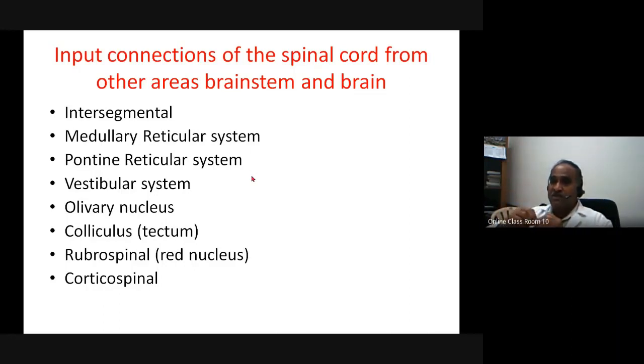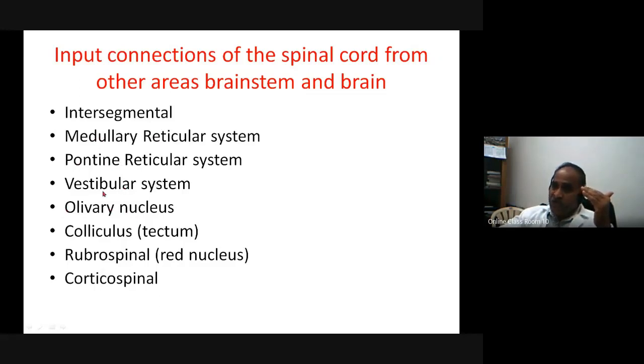The reticular system is divided into two aspects: one which comes from the medulla, and one which comes from the midbrain and pontine area. The midbrain pontine area and the pontine medullary reticular system. That means they are coming from the medulla and from the pons.